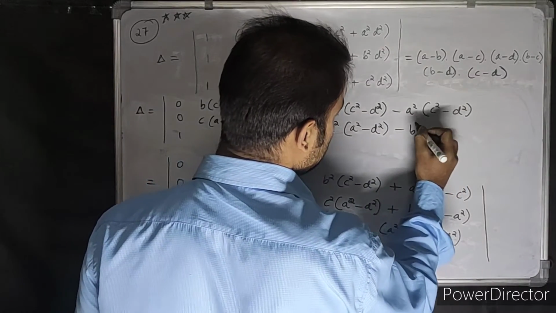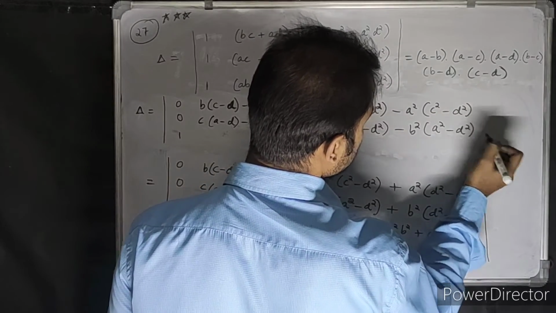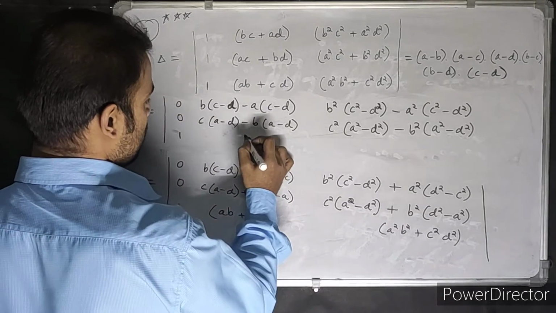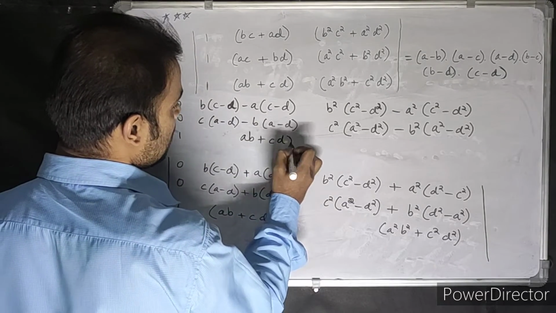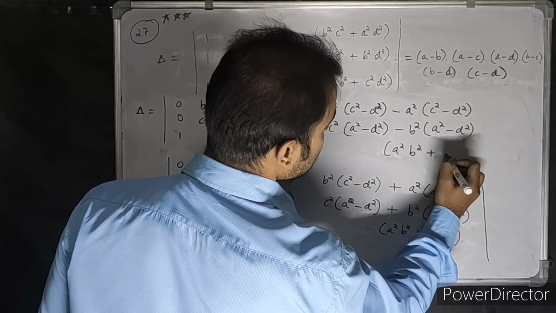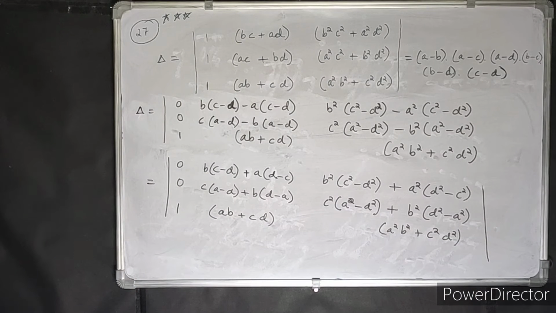This is minus B square. And this will be again the same thing, A square minus D square. Okay. Then rest is all copied, AB plus CD. And this side is A square B square plus C square D square. Okay. Done.